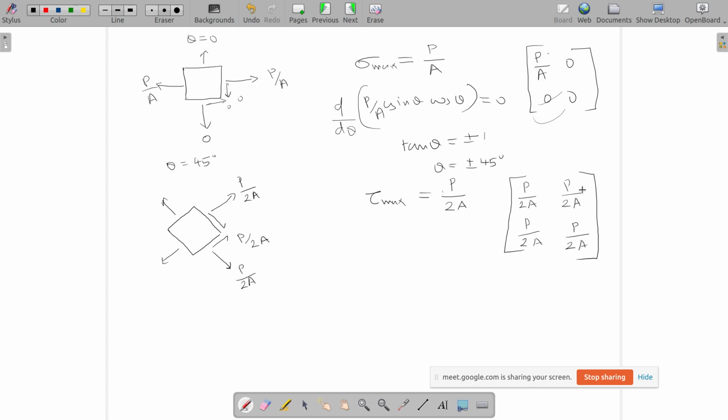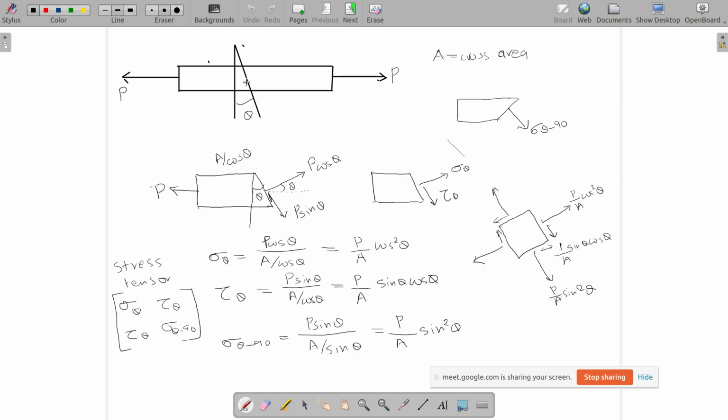If theta is equal to 45, this is our stress tensor. And if theta is some other value, our stress tensor will also be different. Then that's a problem, right? We would like to see the value of stress at a point, and we get a matrix for it, and that matrix changes depending on the direction of the plane using which we are cutting the object.